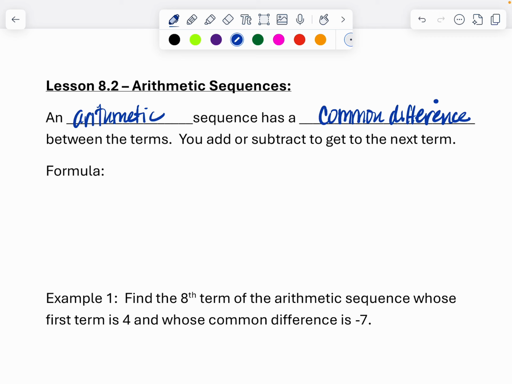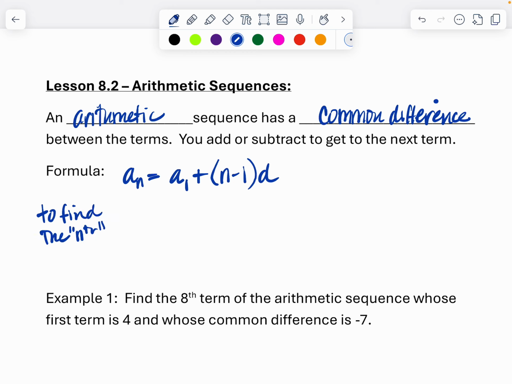Okay, so the formula for an arithmetic sequence is a sub n, whatever term you are looking for, equals the first term, plus n minus 1 times the difference, okay? So to find the nth term, a sub n is the nth term that you're looking for.